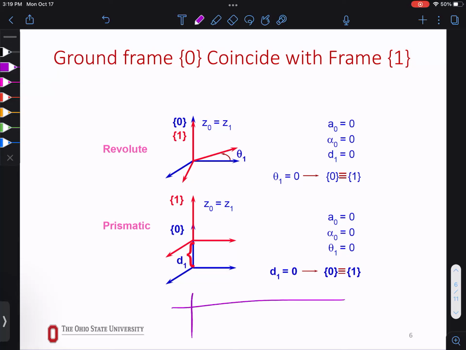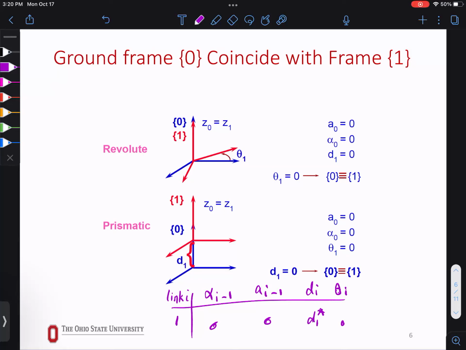I'm just going to show you, if you don't remember what that table is. So this was link i, let's say for the prismatic case: alpha i-1, a i-1, d i, theta i, right? This will be 0, 0, d1 star, 0. You could write a similar thing for the revolute part as well.